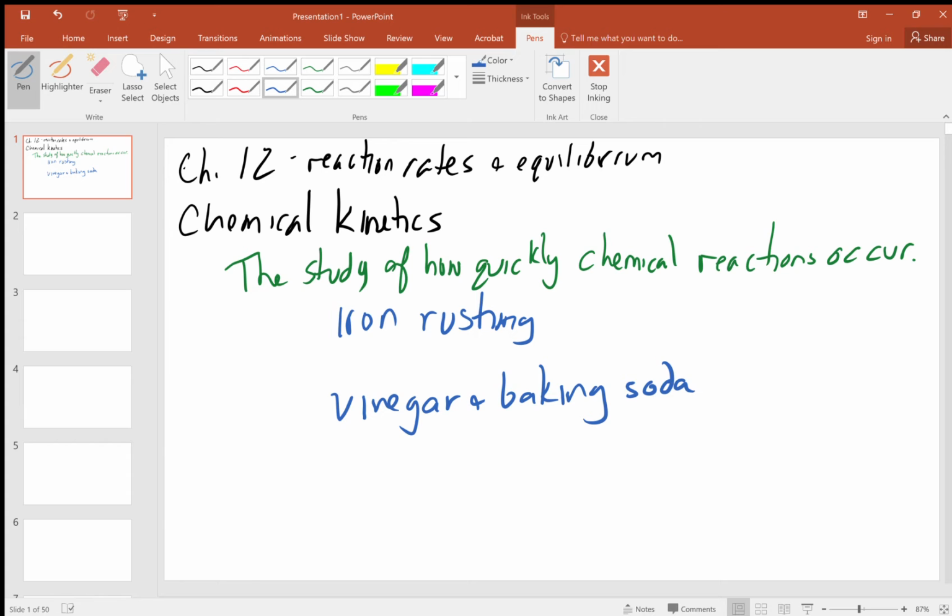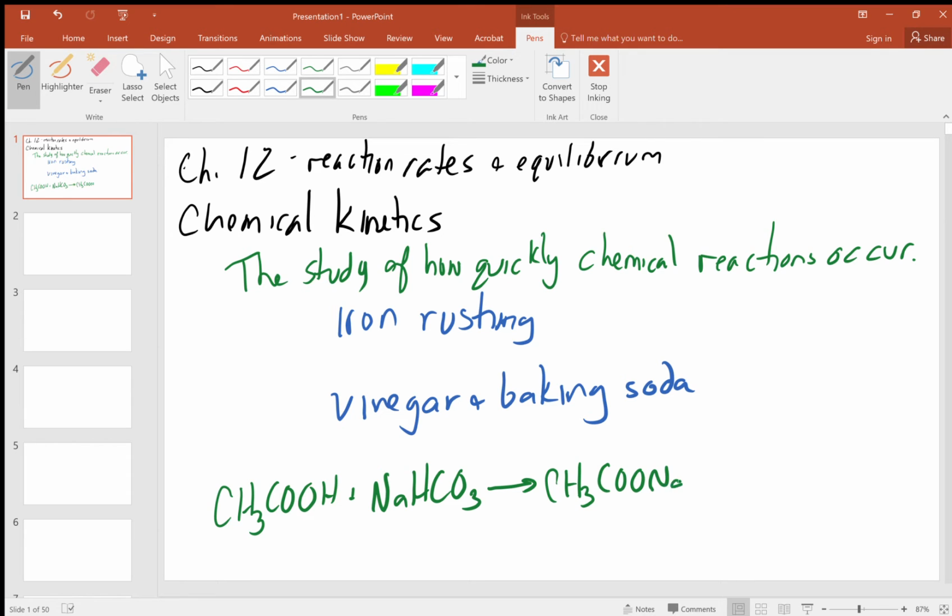As soon as you add them together, you're seeing the reaction of acetic acid and sodium bicarbonate to form sodium acetate plus water, and then the reason you see the bubbling, plus carbon dioxide. And that happens almost instantaneously.